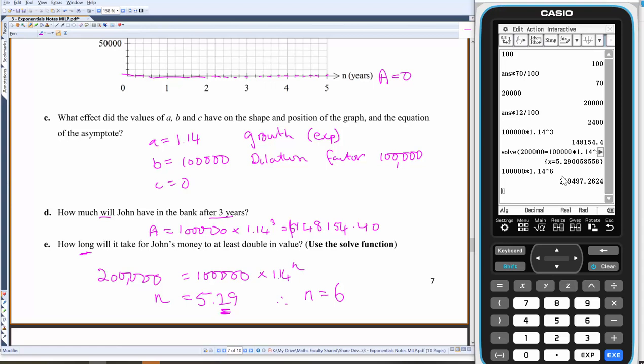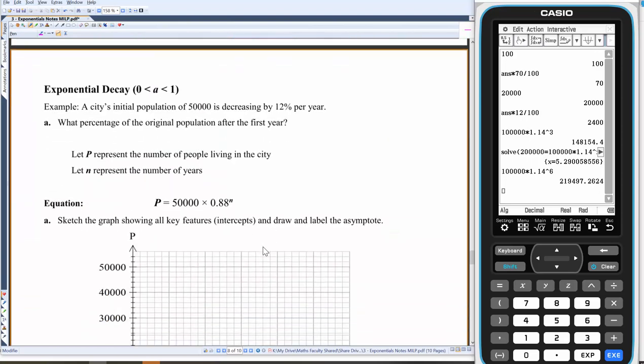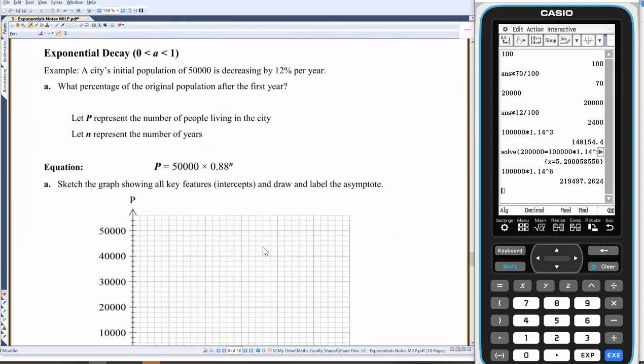So it has to be after 6 years that I'm going to at least double the amount or get over 200,000. So a common mistake there from students will be to round n to the nearest year, which will be 5, but that simply won't be long enough for the value of the investment to double.